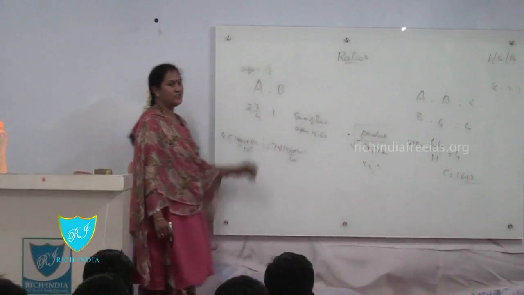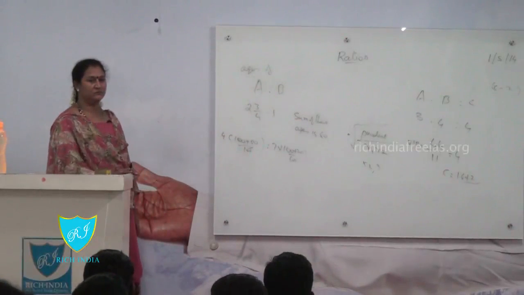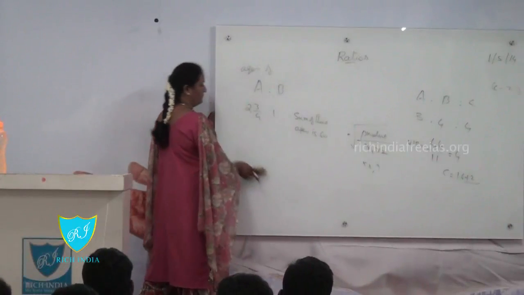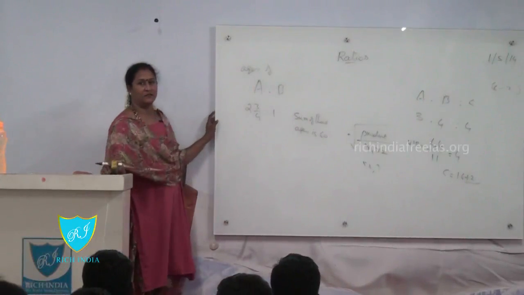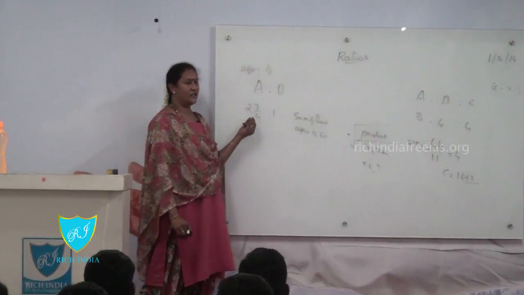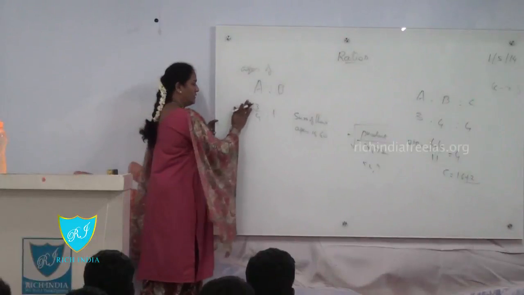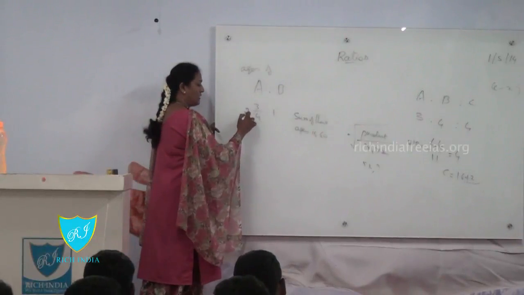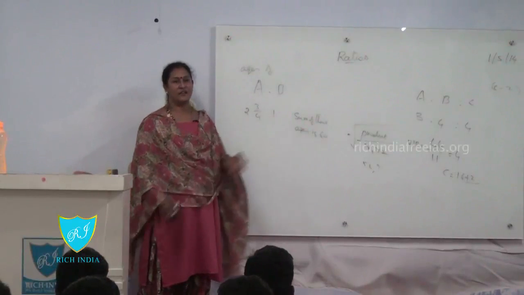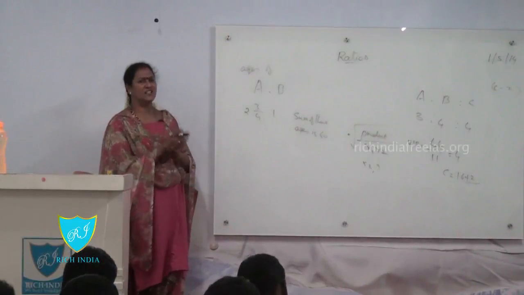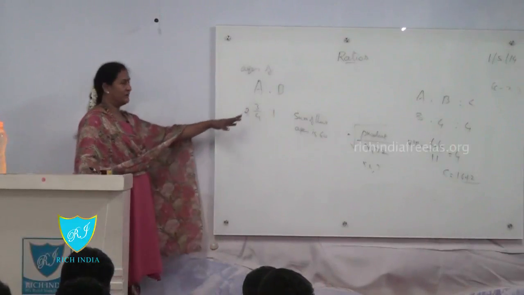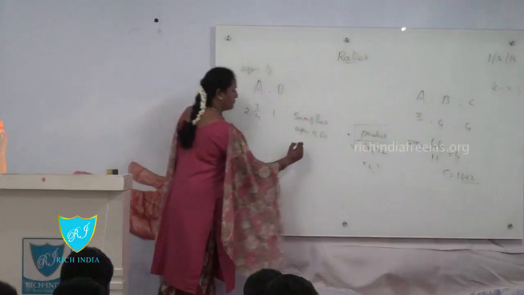So what will be B's age? The ages of A and B are in the ratio 2 3/4 is to 1. So the present ratio is given, and the present sum is given as 60. What will be B's age?